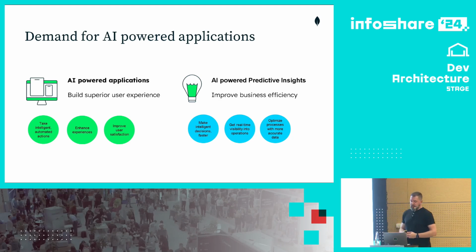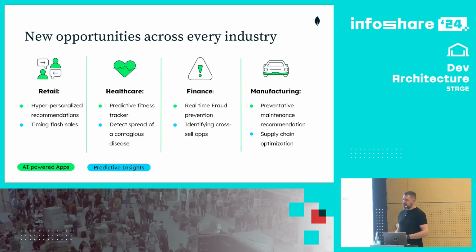data. Almost every application going forward is going to use AI in some capacity, whether it's on the back end or the front end or both. To stay competitive, we need to build these smart capabilities into our applications. There are many different use cases, but here are just a few: retail, healthcare, finance, and manufacturing.